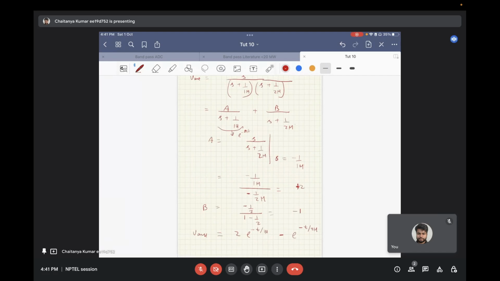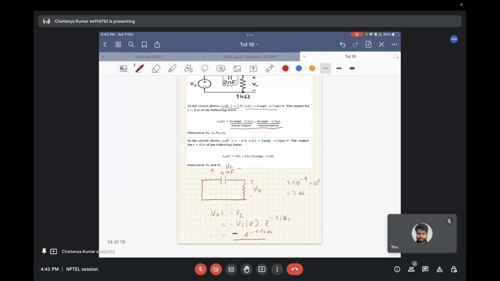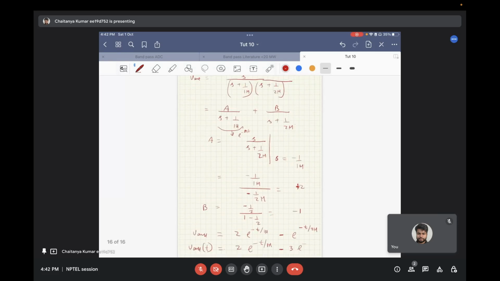So at the end you get the final V out as 2 into e to the power minus t by 1 micro minus 2 into e to the power minus t by 2 micro. So this is the final expression that you get for the output.